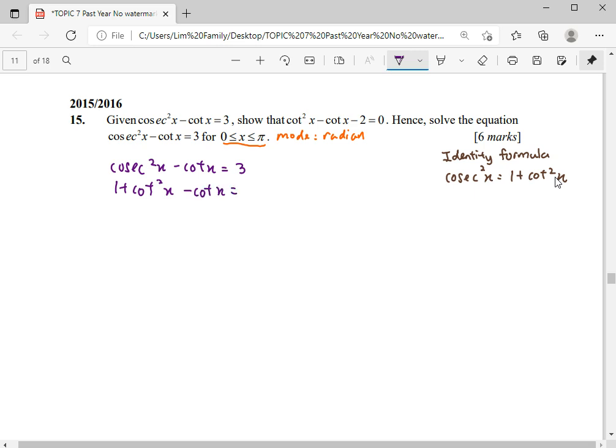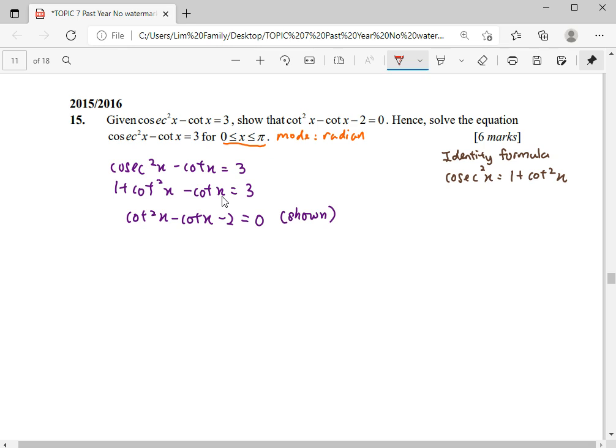You'll notice we are getting closer to the equation. So cotangent squared x minus cotangent x, where the 3, when I move it to the left hand side, becomes minus 3 plus 1 equals negative 2. This is how we prove this equation, our first task.